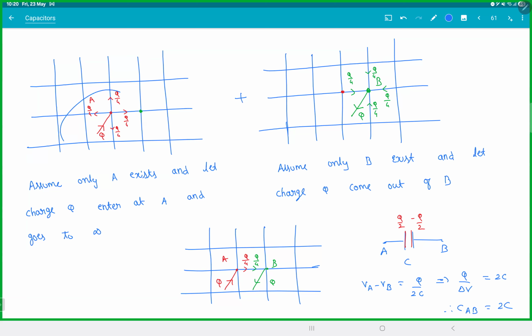When I push the charge without B being there, the system doesn't care, right? Does the circuit care whether there's a battery or someone is just pushing the charge inside? The system doesn't know what kind of charge is coming. If only A sends the charge, that branch would have Q by 4. If only B sends the charge, you would get Q by 4 again. If both are happening at the same time, you should get Q by 2. So if you just overlap both circuits, you'll get that.